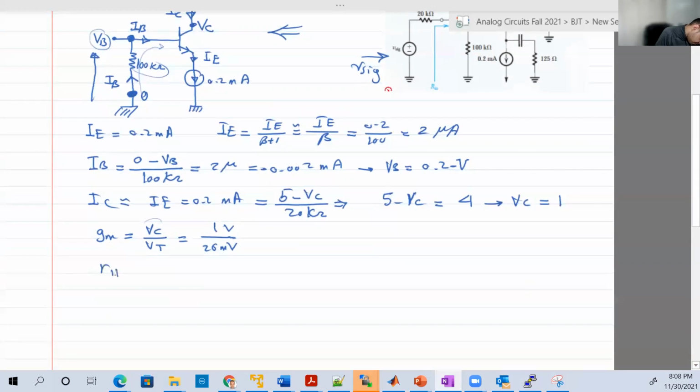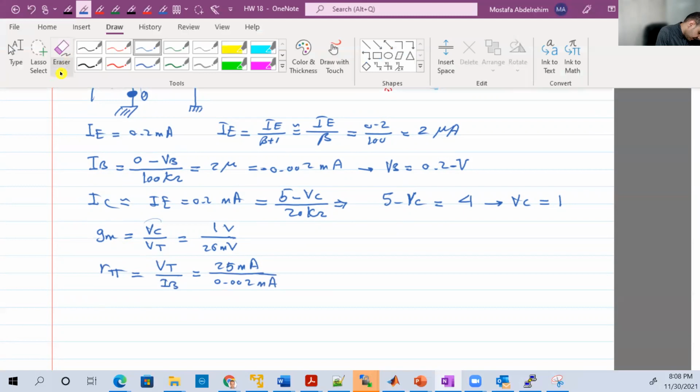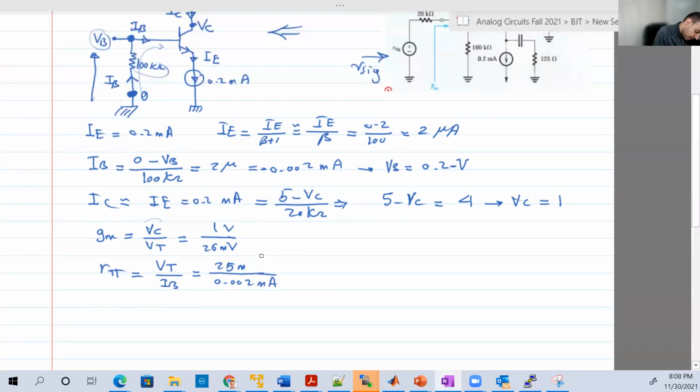Finally, r pi was required. r pi is VT over IB. We can consider VT is 25 millivolt just to get the same exact numbers as the assignment. And the IB is known. Keep it in that way so that the milli will go away with milli. I'm sorry, this is millivolt, not milliampere.